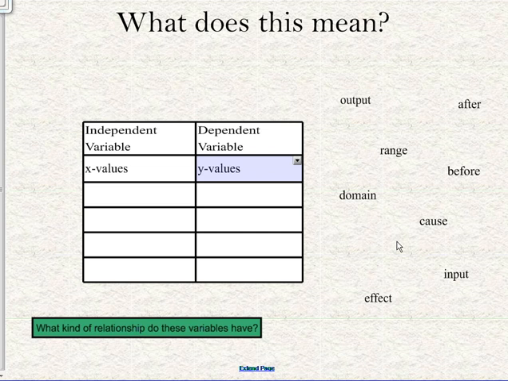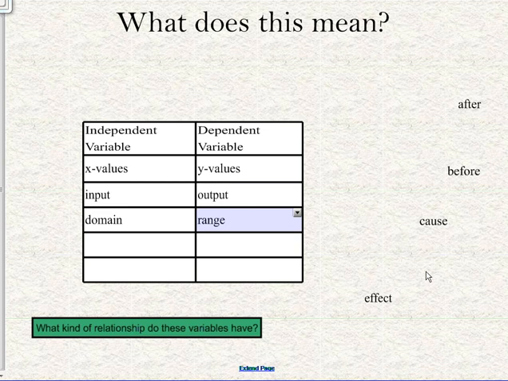In the last few days, we've been talking a lot about inputs and outputs, as well as domains and ranges. Domain, as you learned yesterday, is the same as x, which is the same as independent. Range is the same as the y values, which are the same as the dependents.